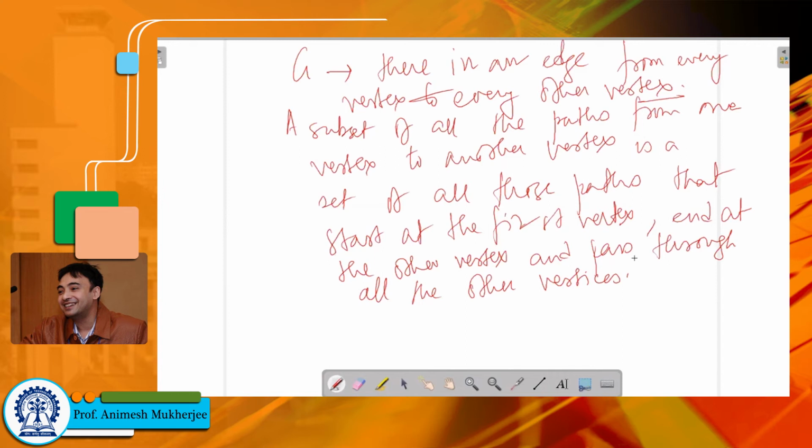Okay, so that means the second vertex on such a path will have n minus 2 choices.